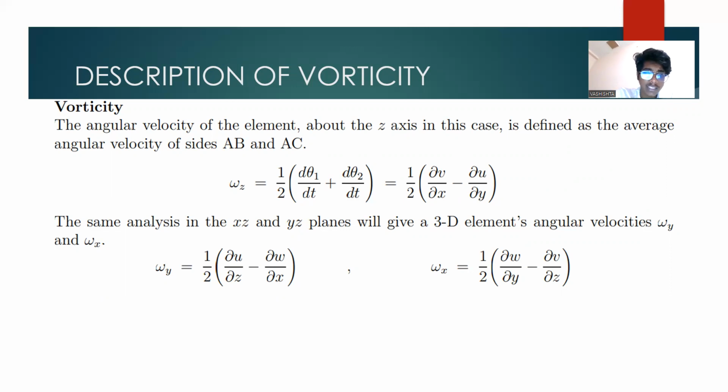The same analysis in the xy and yz planes will give the 3D element's angular velocities ωy and ωx. ωy is half of (∂u/∂z minus ∂w/∂x), and ωx is half of (∂w/∂y minus ∂v/∂z).